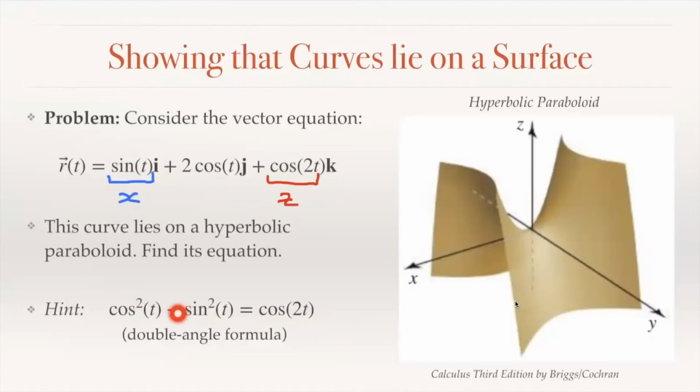Squaring that, we'll have that sine squared, except we have this 2 by the cosine t. So maybe we'll need to do something like first multiply this by 2. 2x is 2 sine t, and then square it and add it to the square of y. Pause the video if you want to think about that, try to get it.